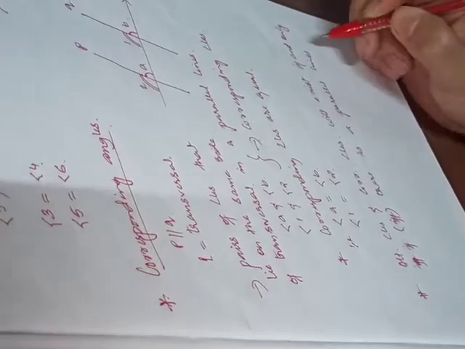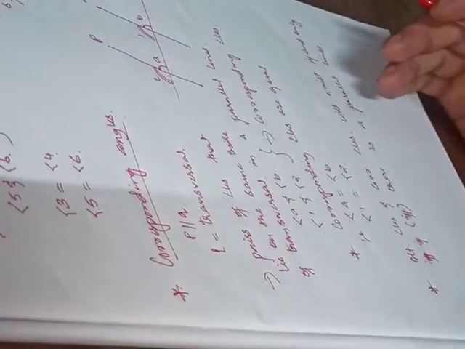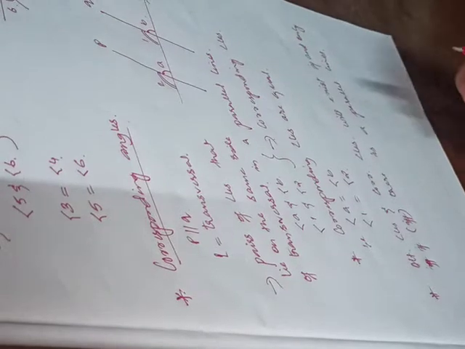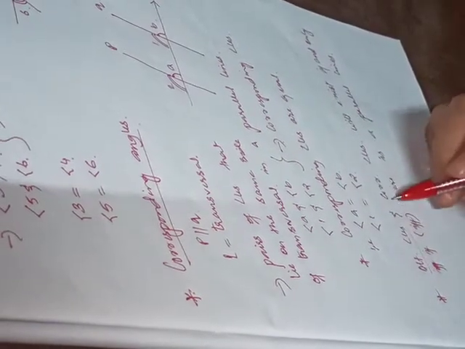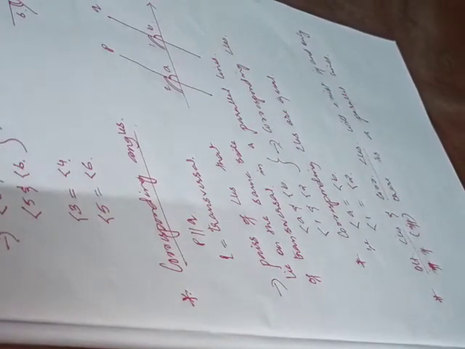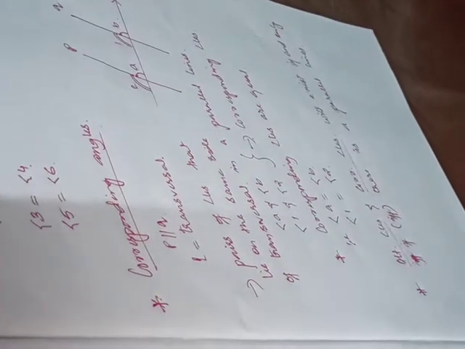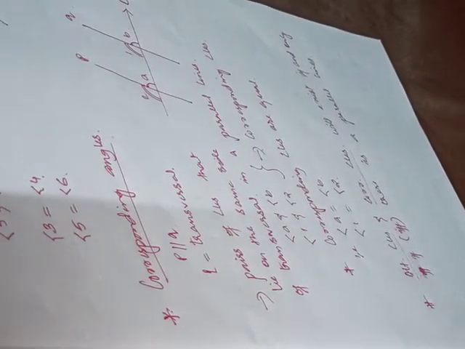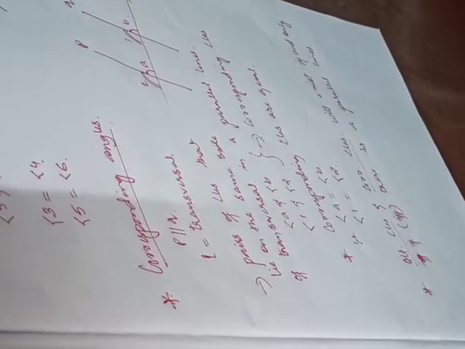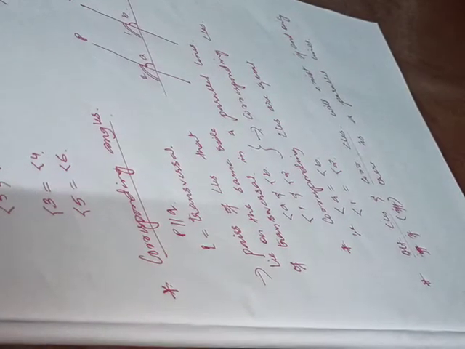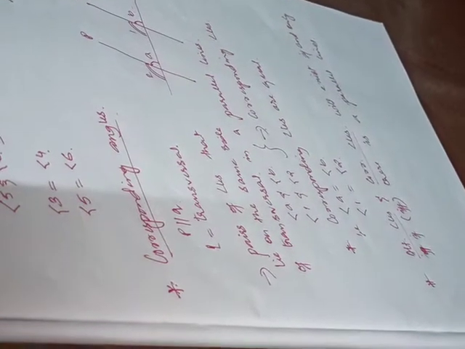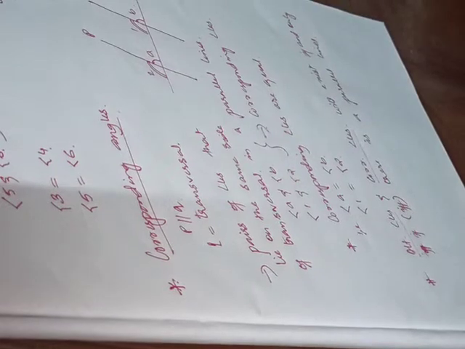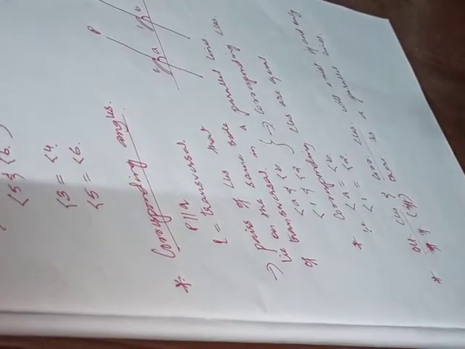That literally means without parallel lines, if the lines are not parallel, we will not get alternate angles and we will not get corresponding angles. So both alternate angles and corresponding angles will be there if and only if there are parallel lines. Is it okay? So no parallel lines means no alternate angles, no corresponding angles.